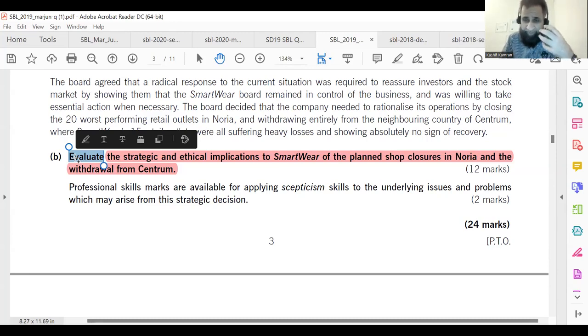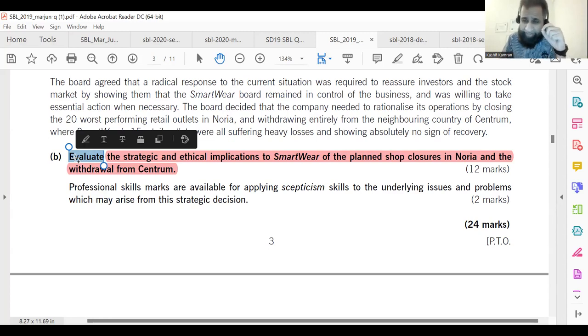So the business is closing shops in Nooria, and they're withdrawing from another place, Centrum. That's like a strategy of the business. Now, you need to think about what the implications of closure in Nooria are and what the implications of withdrawal from Centrum are.